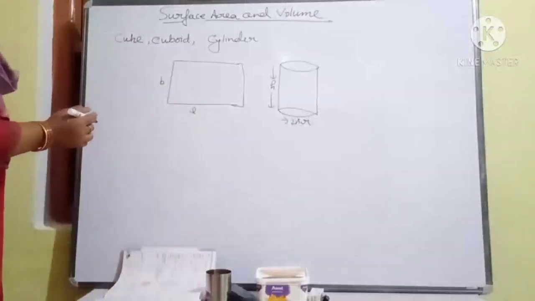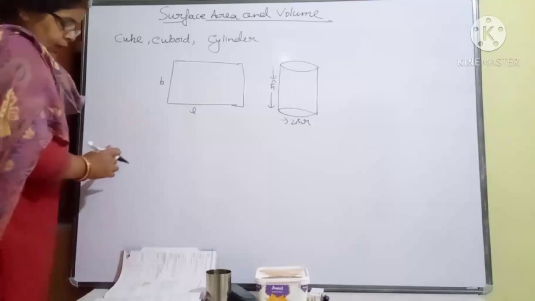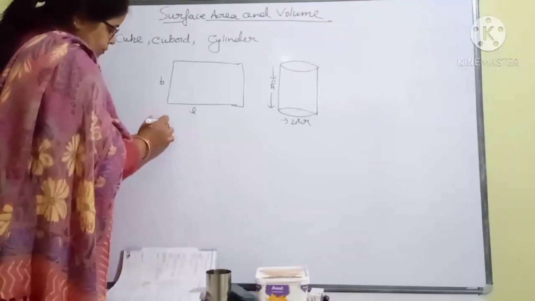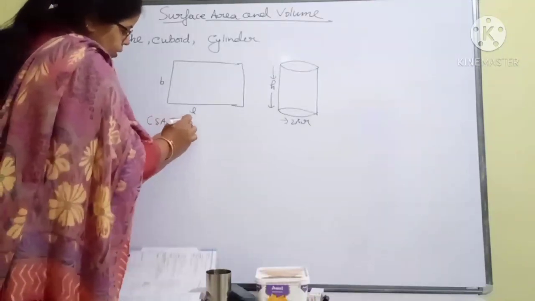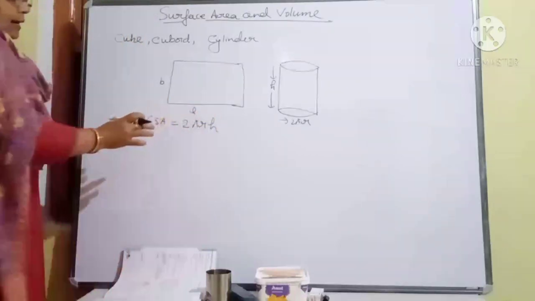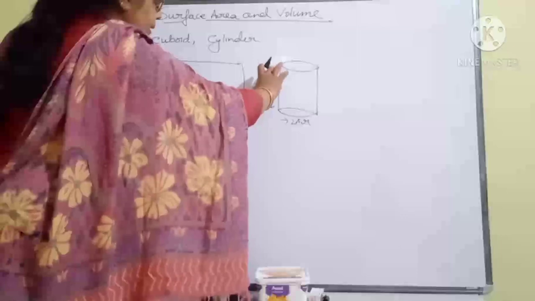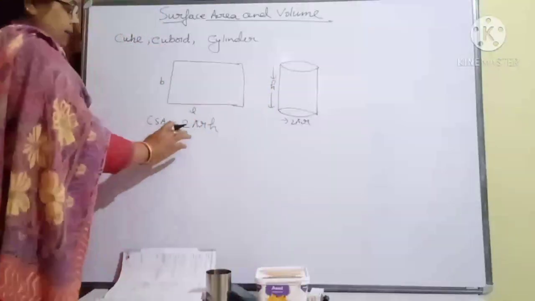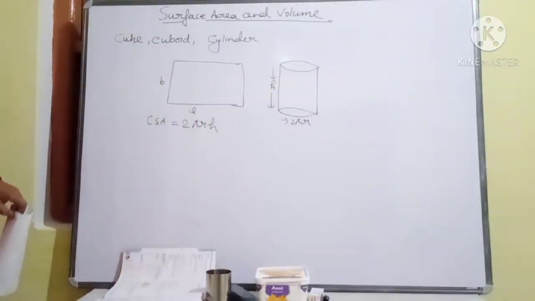So its CSA, curved surface area, will be 2 pi r h: 2 pi r multiplied by height. So it is becoming the CSA of the cylinder.